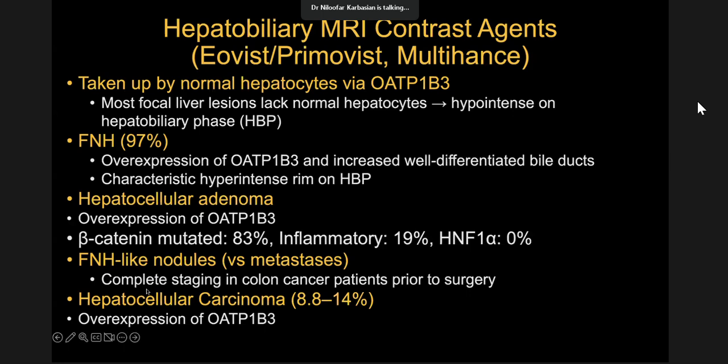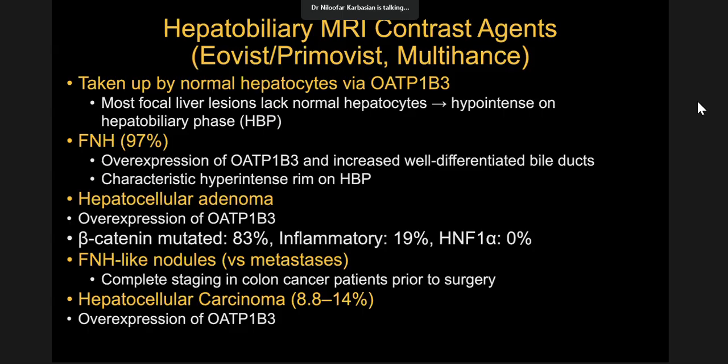With that, we can differentiate metastases from FNH-like nodules. So that is one important usage of the hepatobiliary contrast. Also bear in mind that in patients with a predisposing risk for HCC, again, we cannot use hepatobiliary retention as something that says, oh, this is FNH, don't worry about it.